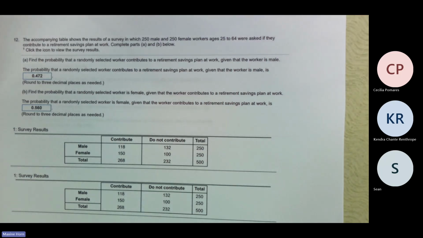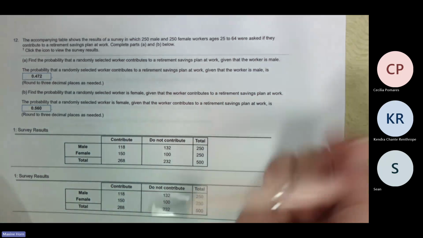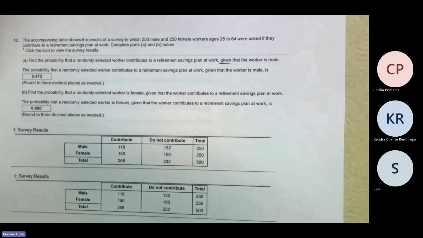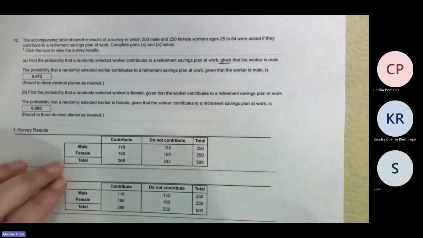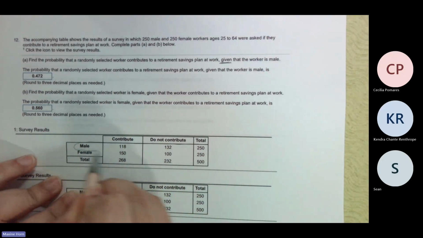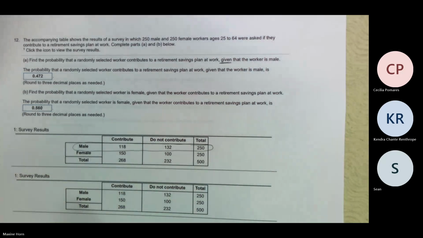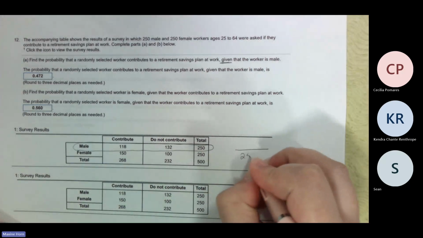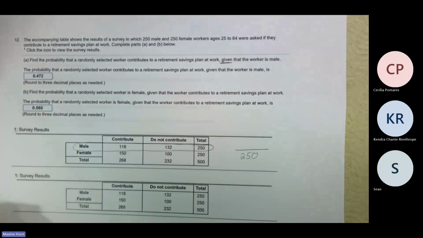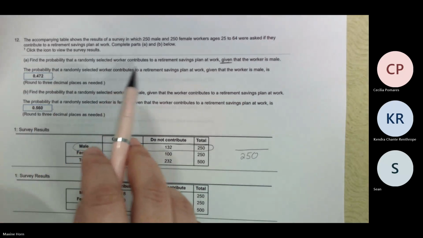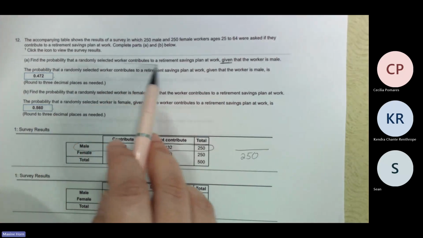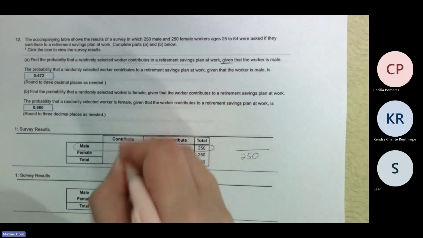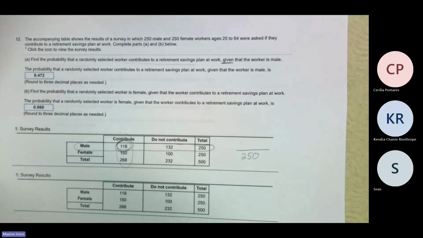All right, A: find the probability that a randomly selected worker contributes to a retirement savings plan at work given that the worker is male. The given is all that we are looking at. That's our denominator. Our denominator is the given. In the numerator, they want that they do contribute to a retirement savings plan, but we're only allowed to put in where they overlap.